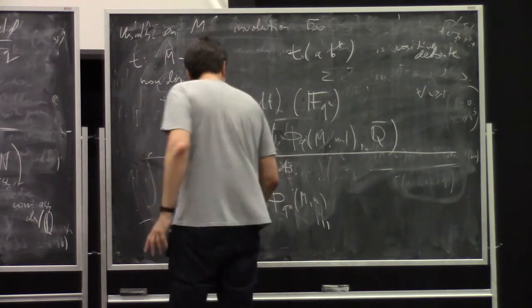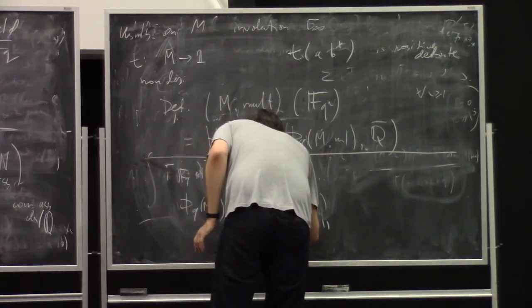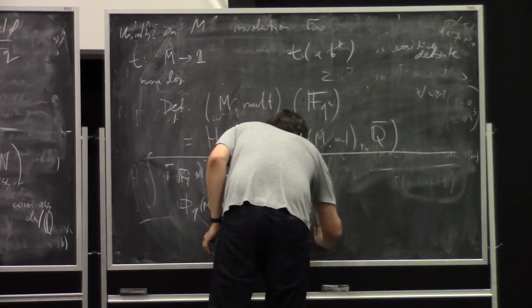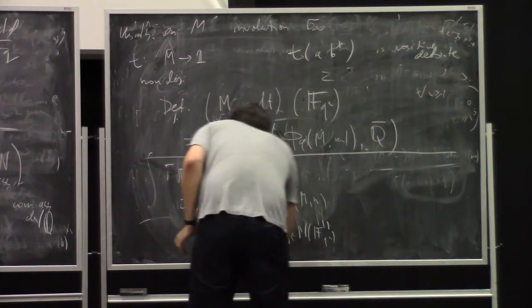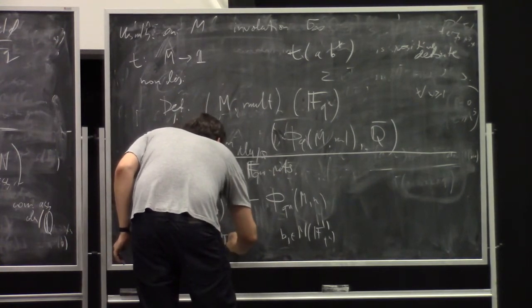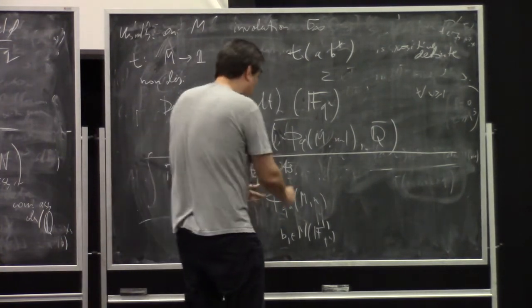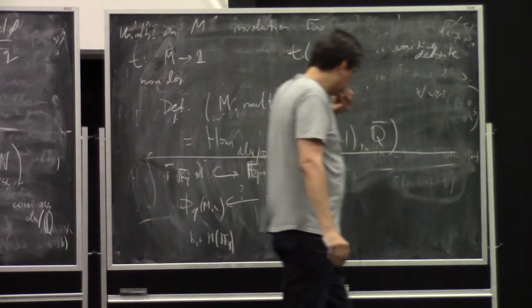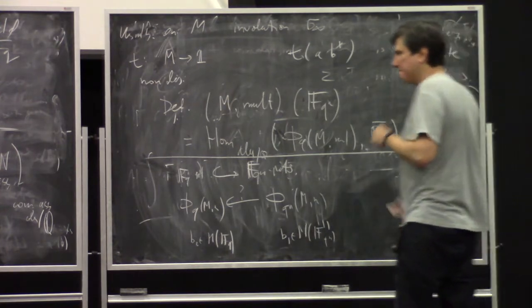So for each point B1 in M of FQN, and for any point B2 in FQ, one should calculate some integer number. And how does it go?